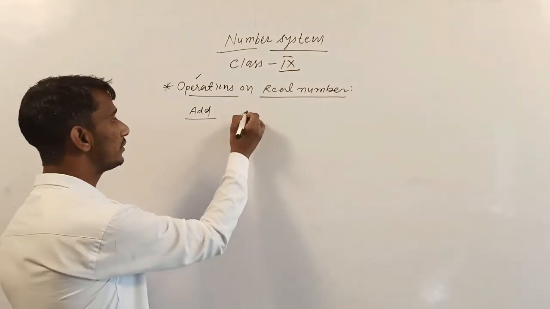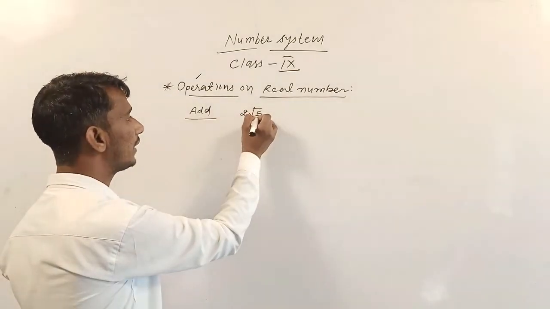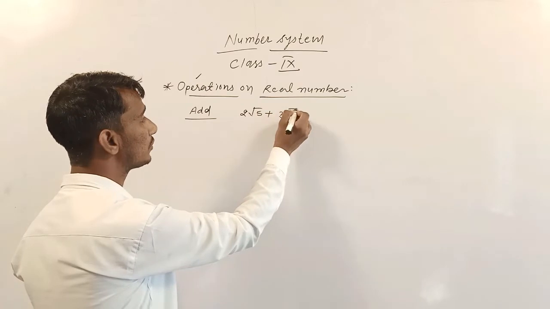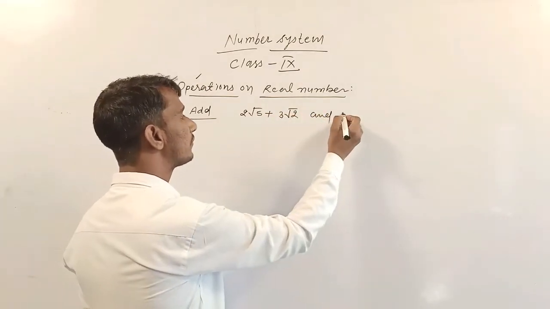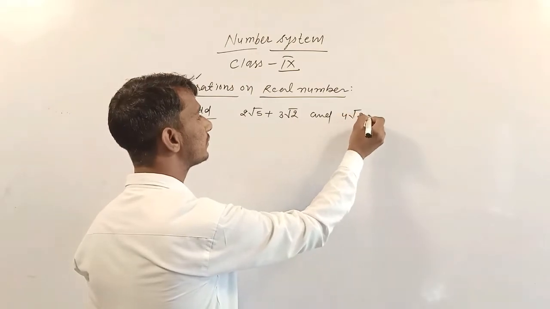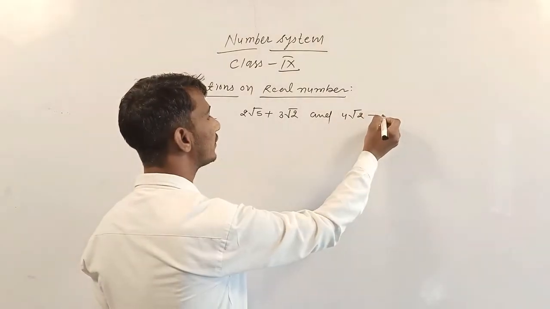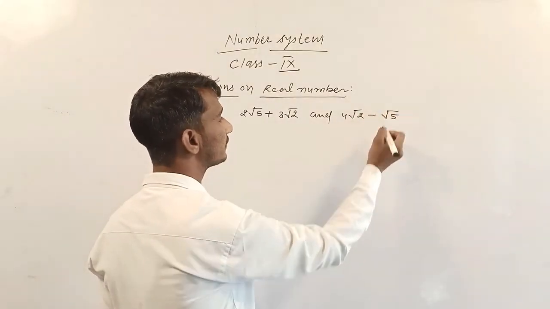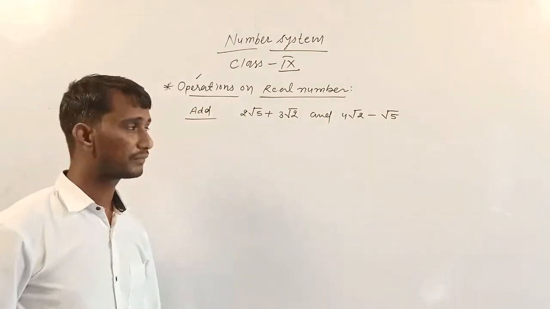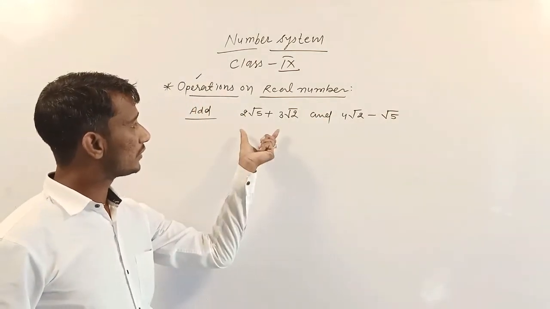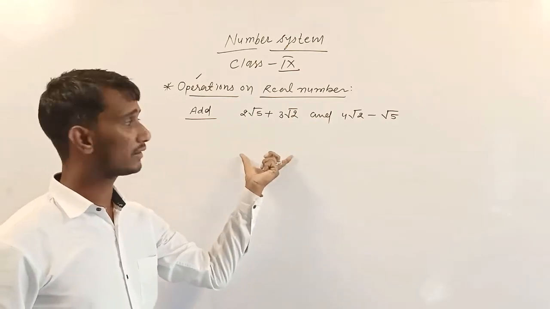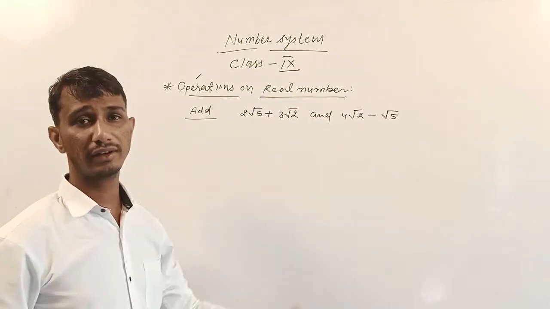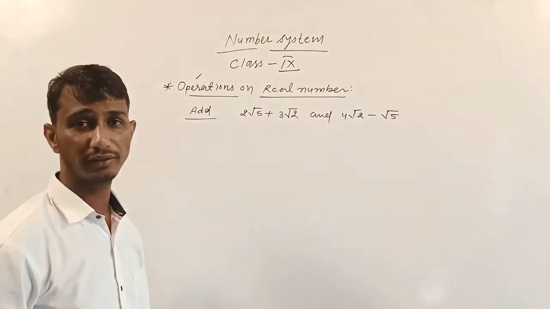Suppose that we want to add 2 root 5 plus 3 root 2 and 4 root 2 minus root 5. You can solve this addition in both ways, in horizontal form and in vertical form.